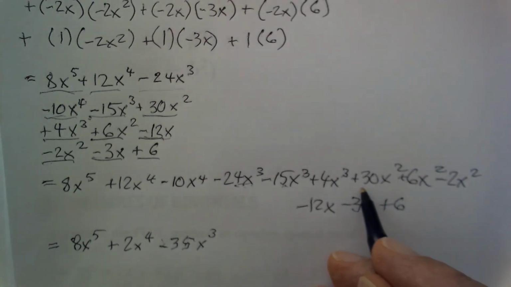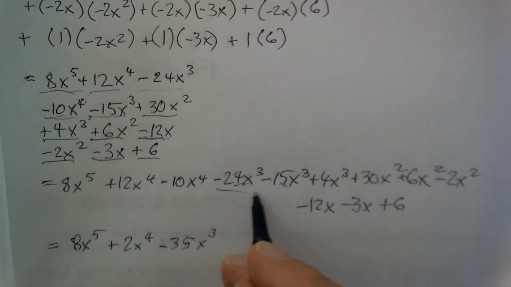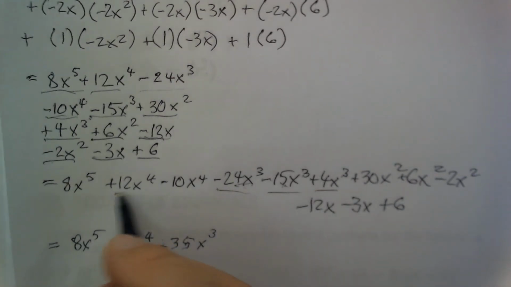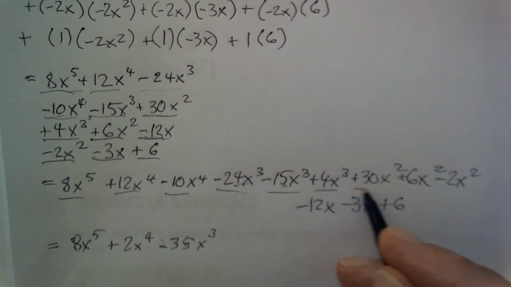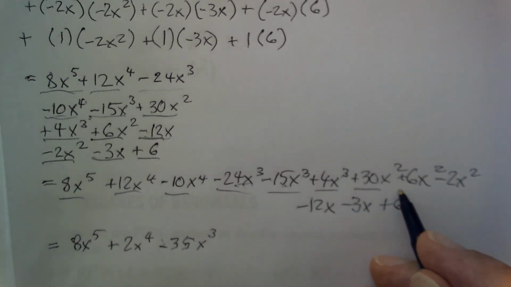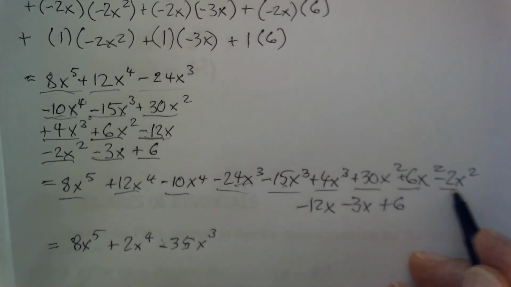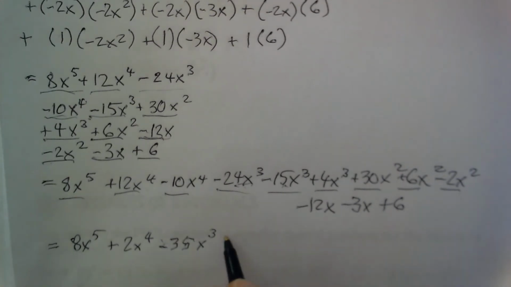And then we have 30x squared. Let me just underline these terms that we've already combined. So then we have 30x squared plus 6x squared, that's 36x squared, minus 2x squared is 34x squared.